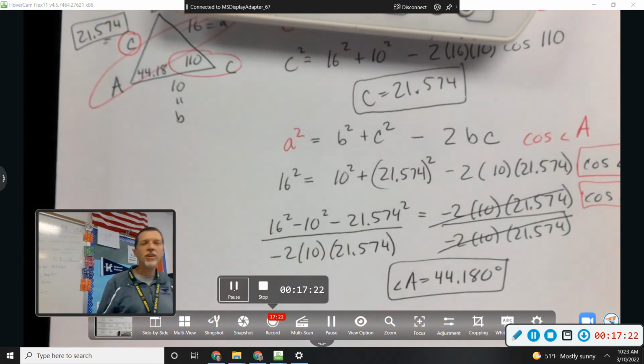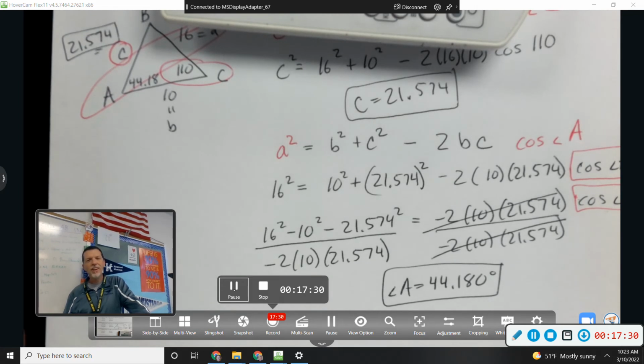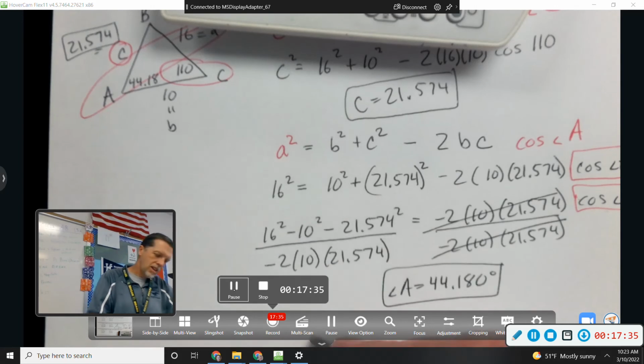Now you guys spoiled my fun, because usually I let classes say, oh, well, we got to do all that for B. And I'm like, yeah, go ahead. But you guys are ahead of the curve. I don't need to do that for B because the 180 thing. Angle B is 180 minus the other two.